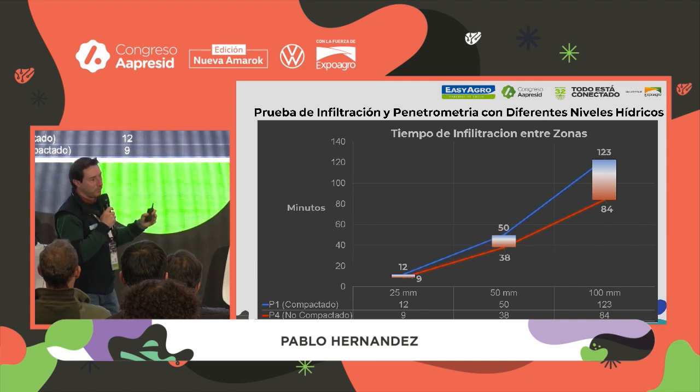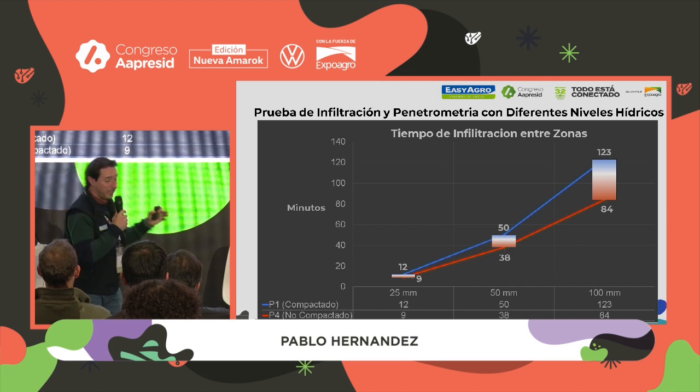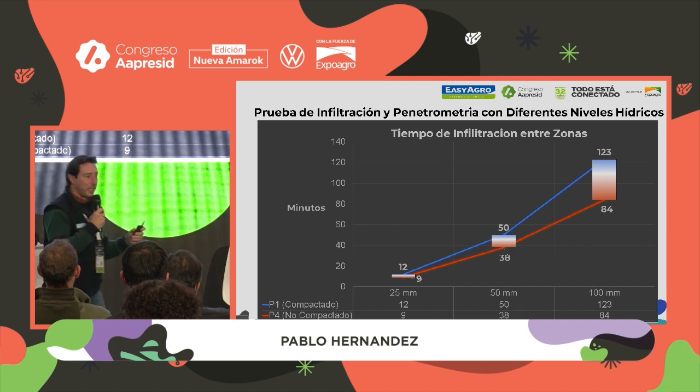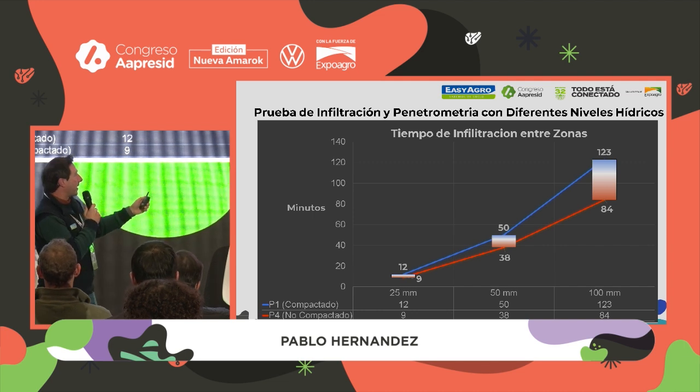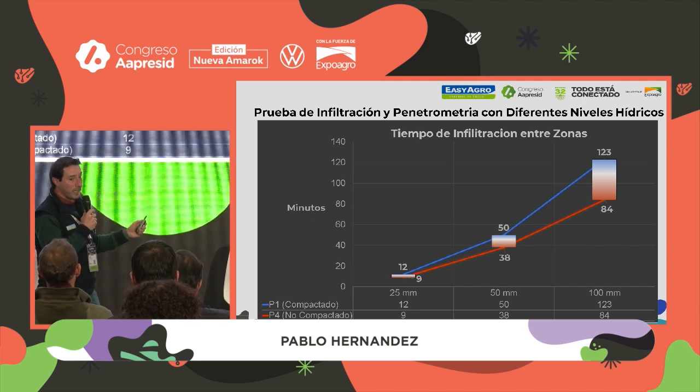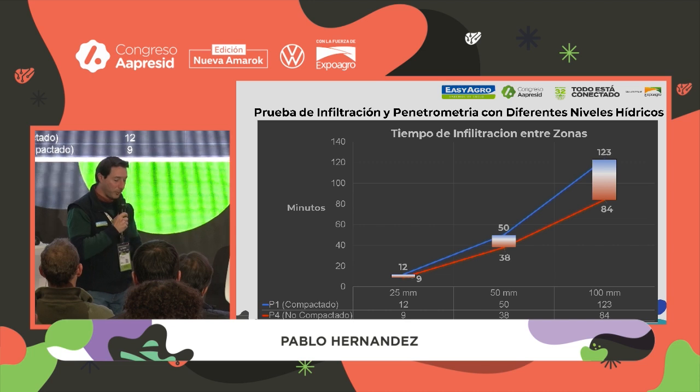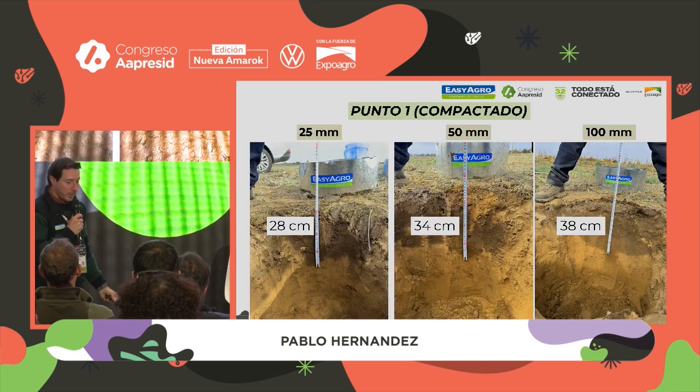So that difference in the capacity of infiltration will determine the yield based on the water we have. But this is a problem we are facing where we have runoff and different problems. It is important to understand that the capacity of infiltration decreases by more than 30% when we have compacted soil.